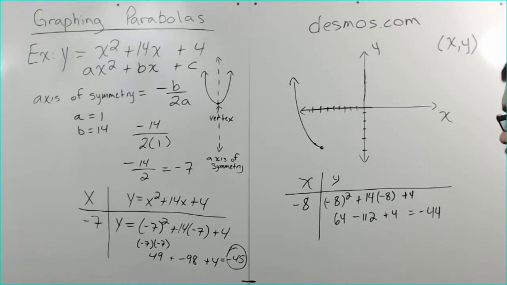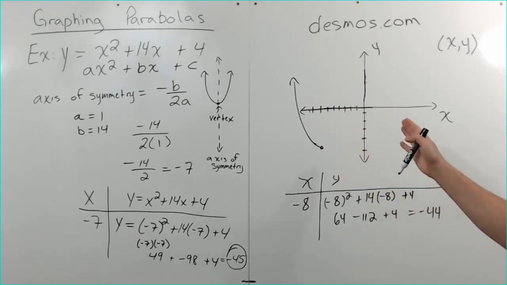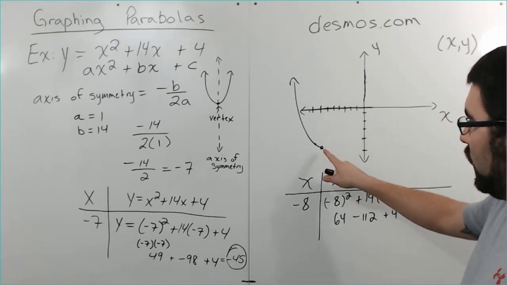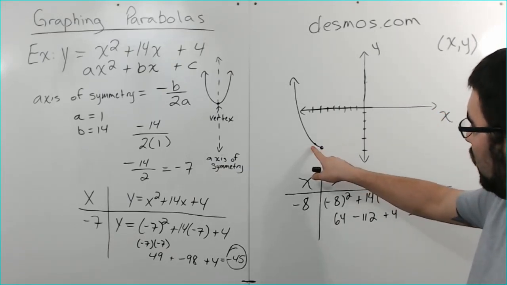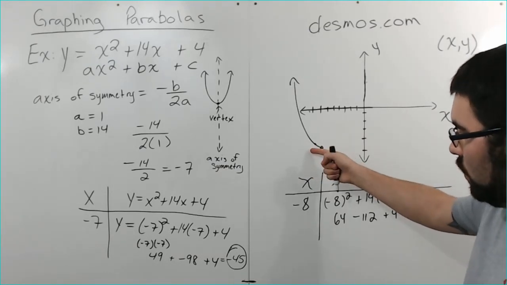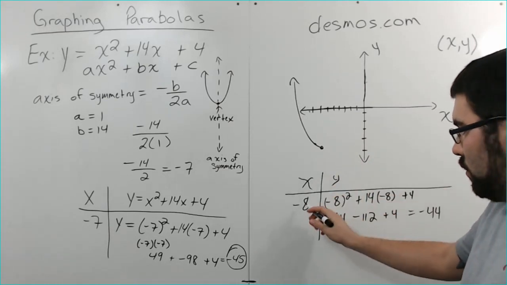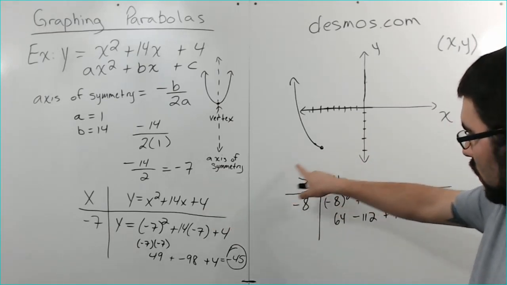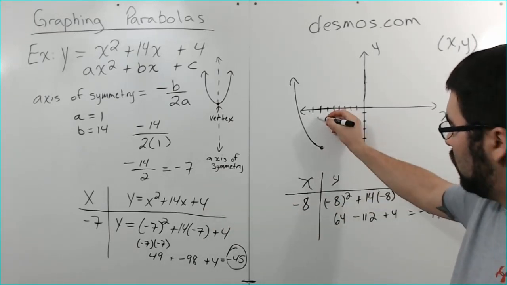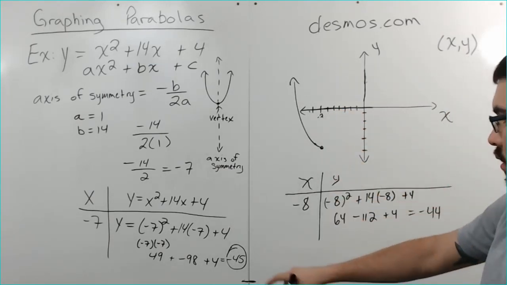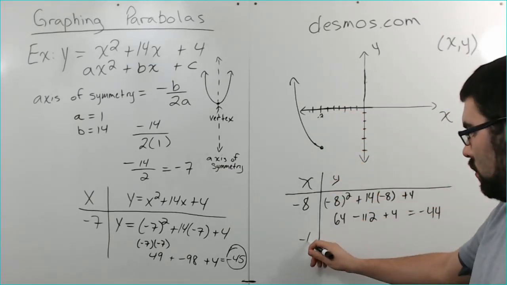And you actually don't have to do much else. You need the other side of the parabola, but the way you can do that is to say, if this is negative 8 and I only went 1 unit, then if I want to go 1 unit to the right, I can go from negative 7, which is what I started with here, to negative 6.